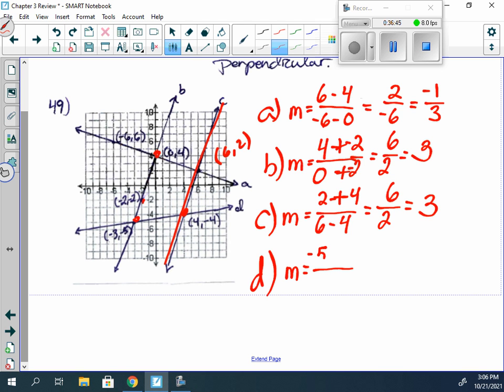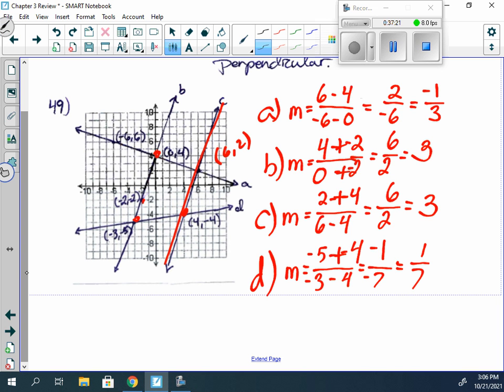And then on bottom, it would be negative 3 minus 4. Here, the negative and negative would make a positive. Negative 5 plus 4 is negative 1. So we have negative 7 on bottom. Well, negative 1 divided by negative 7 is the same as positive 1 over 7.